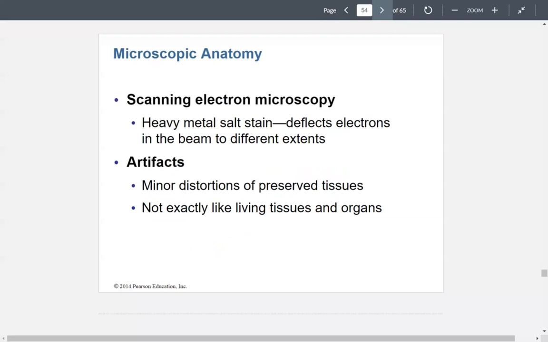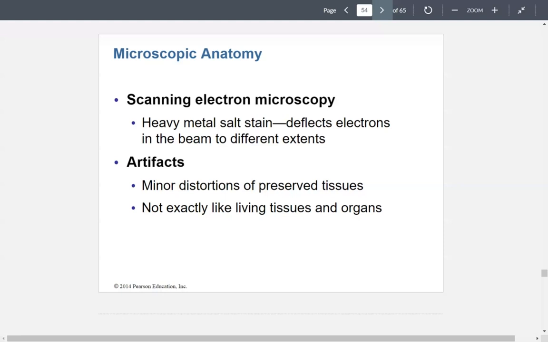Scanning electron microscope, that's going to utilize a stain as well. This allows for electrons to be deflected at various levels. With any imaging, whether it's a microscope or an X-ray or CT or an MRI, we can get things called artifacts.